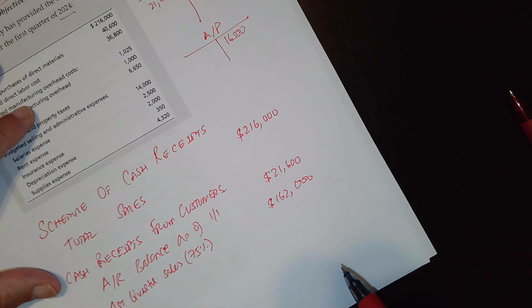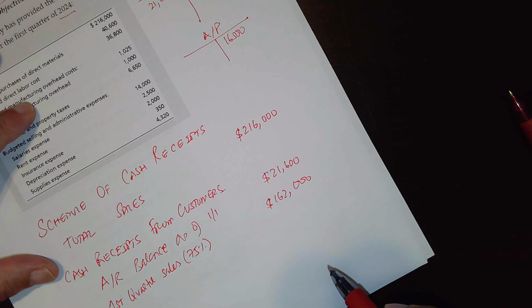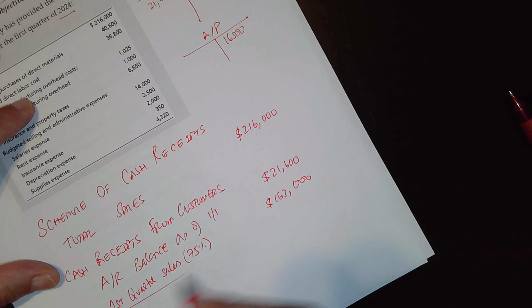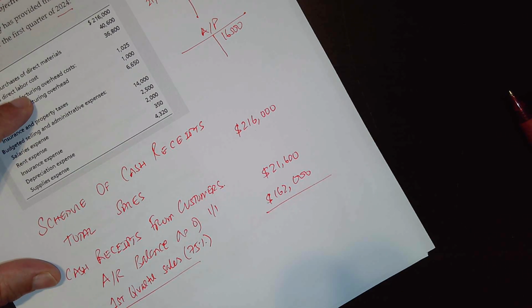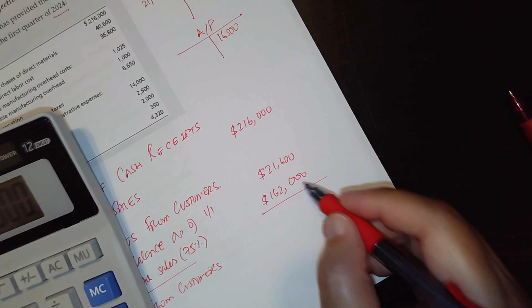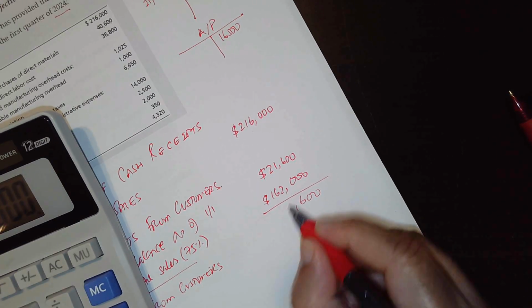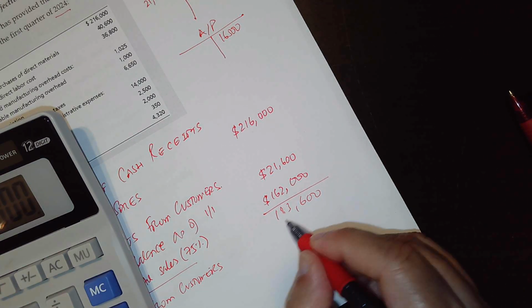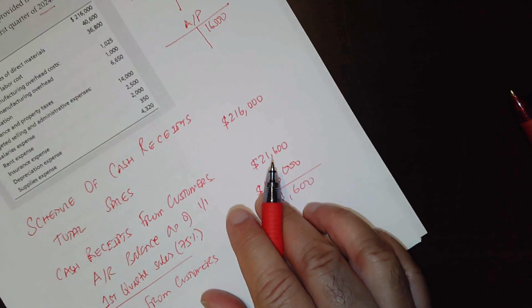So that's what we're going to receive. The total cash receipts from customers will be the total of these two numbers, which is 183,600.